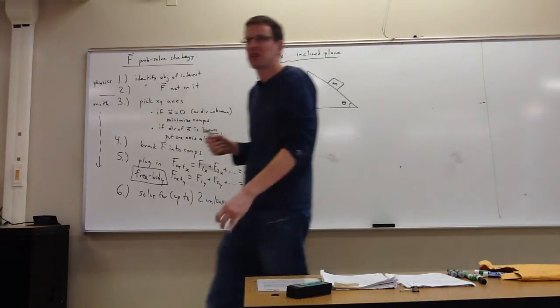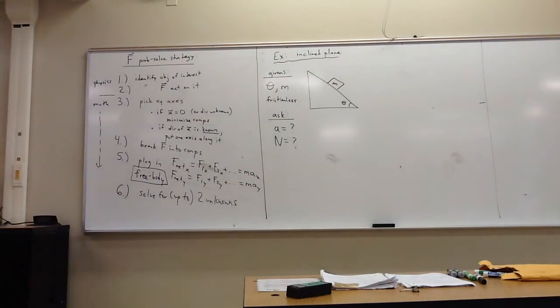So here's our first chance to take the problem-solving strategy out for a formal spin. Okay? 1, object of interest. Got to be that mass. Pretty obvious. You might wonder why this step is even there. It's because sometimes it's going to get a little weird. It's not going to be clear. But for right now, step 1, piece of cake.